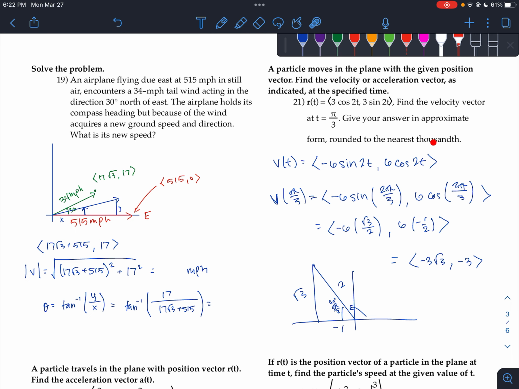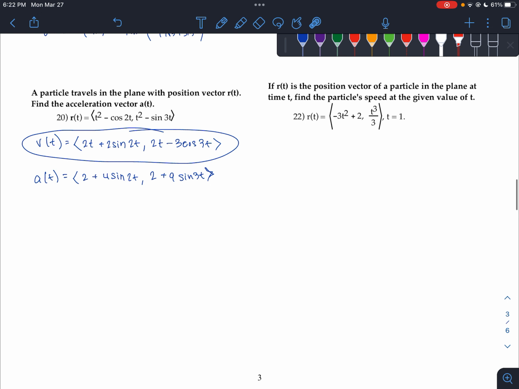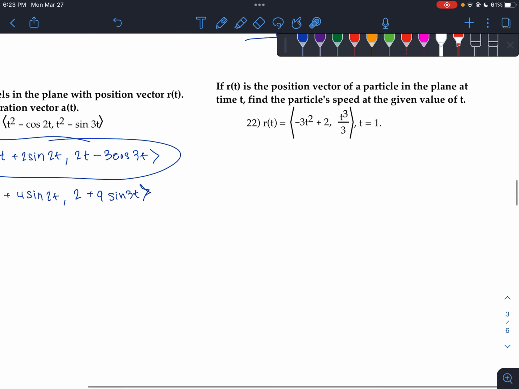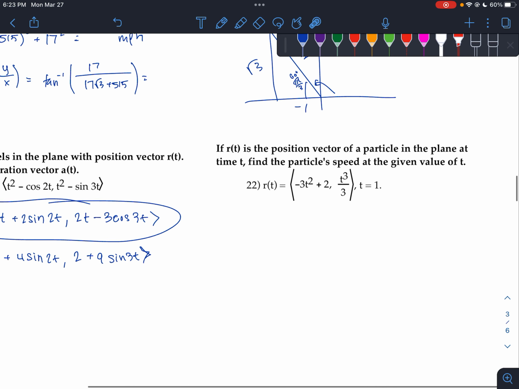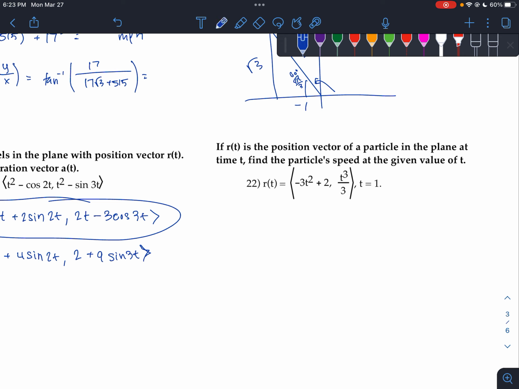So in any case, if r of t is the position vector of a particle in the plane at time t, find the particle's speed. Okay, so this is what I was talking about earlier. If you're trying to find speed, we're given the position vector, so the velocity vector is going to be negative 6t, derivative of 2, 0, and then it's going to be t squared.